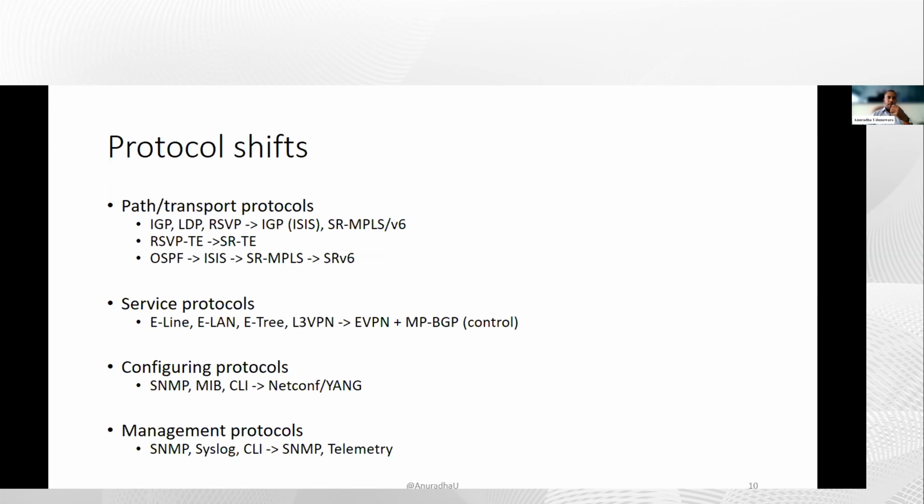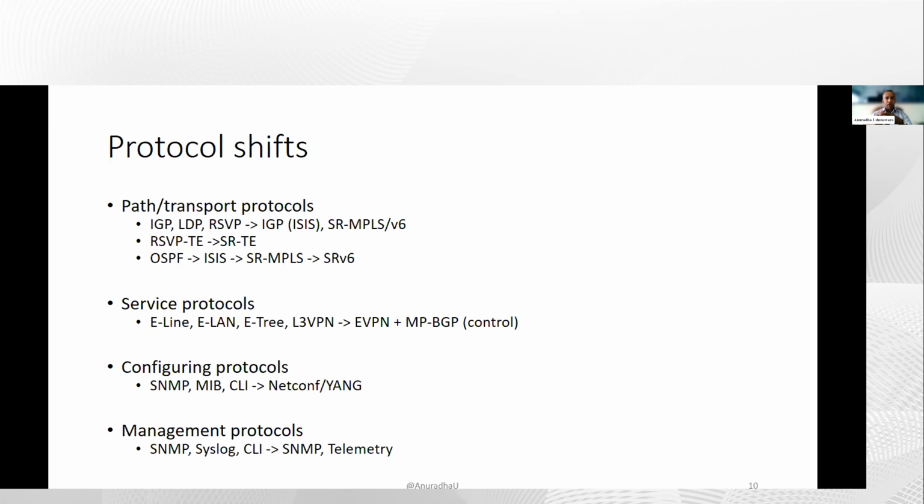And then you have different shifts of protocols as we move forward. We are moving from a traditional IGP type of forwarding, predominantly using ISIS and IGP, to SR-MPLS and SRv6. And traffic engineering moves to SR-TE.